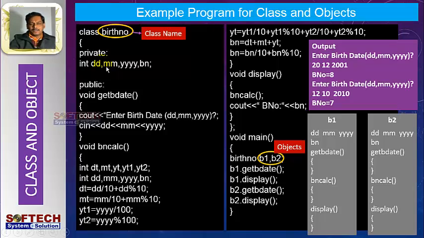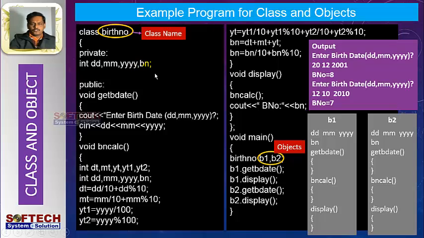That is birth date, day, month, year. So 3 data members. Then we want to find the birth number, and store the birth number into a variable. So totally 4 data members: integer dd, mm, yy, that is 4 digit, and birth number bn.